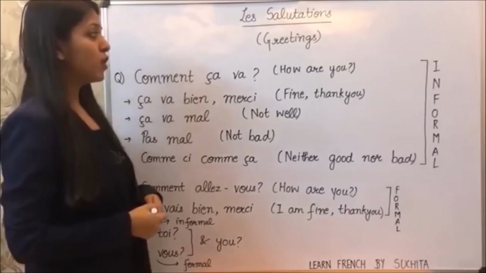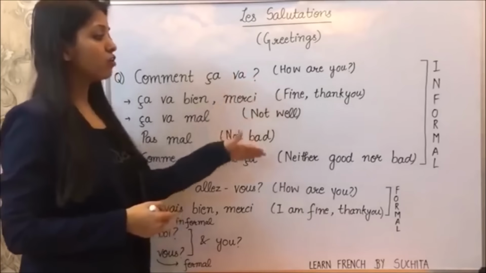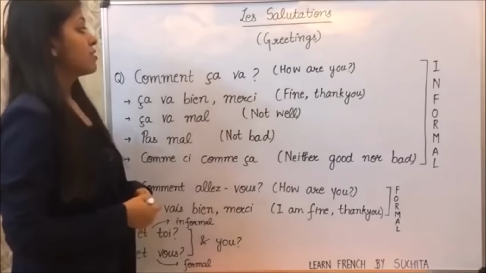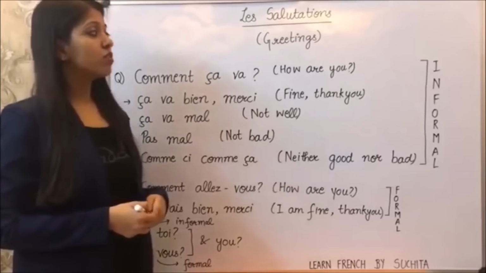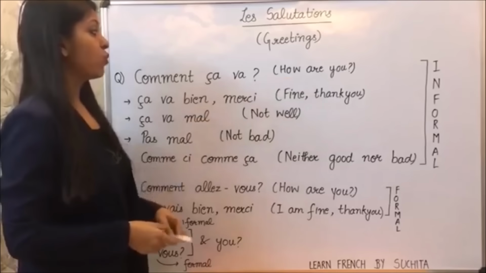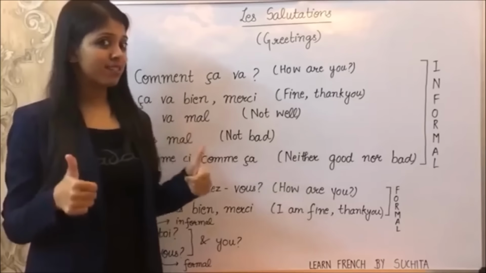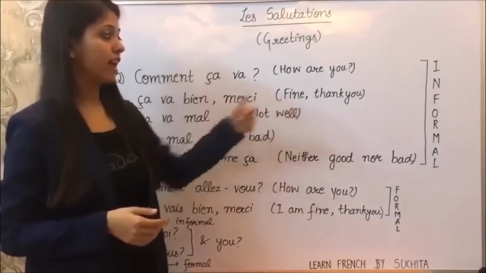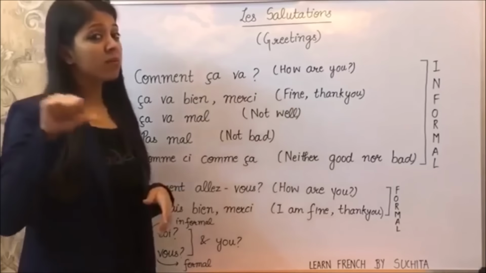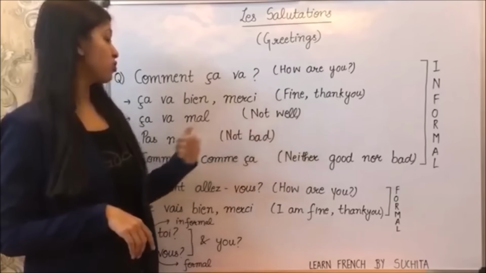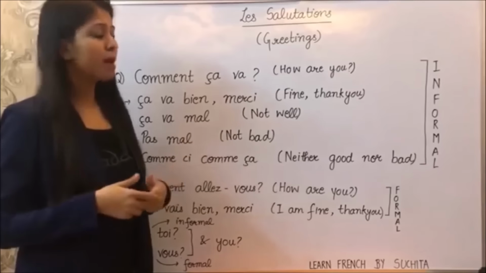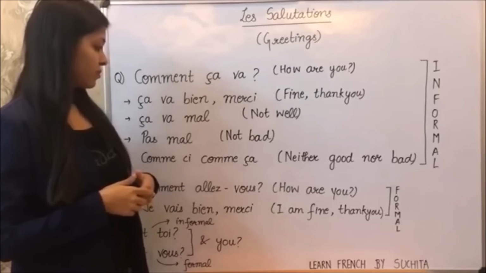Now we'll learn how to ask how are you and how to give its replies. So, comment ça va, which means how are you? Now various replies can be ça va bien merci, which means fine thank you. Ça va mal, which means not well. Pas mal, not bad.